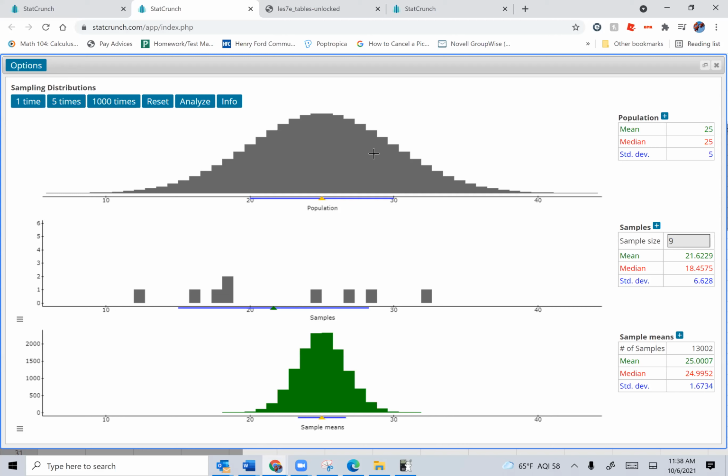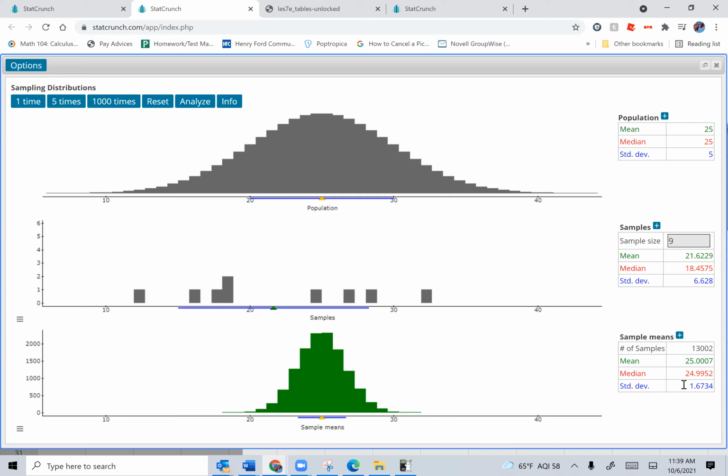Okay. Which graph, guys, has a larger standard deviation? Is it the black one, which is the original population, or the sample means distribution? The black one. The black one has larger because it's more spread out. Okay. What is the standard deviation of the original population? It says it's 5.